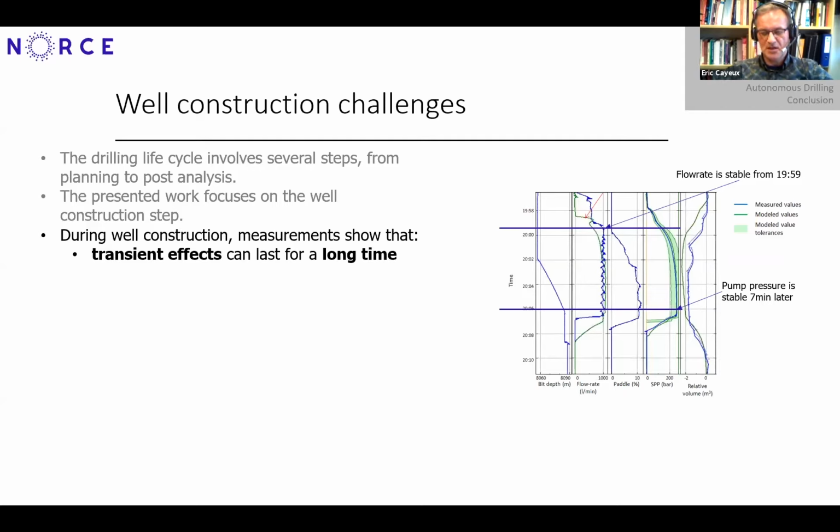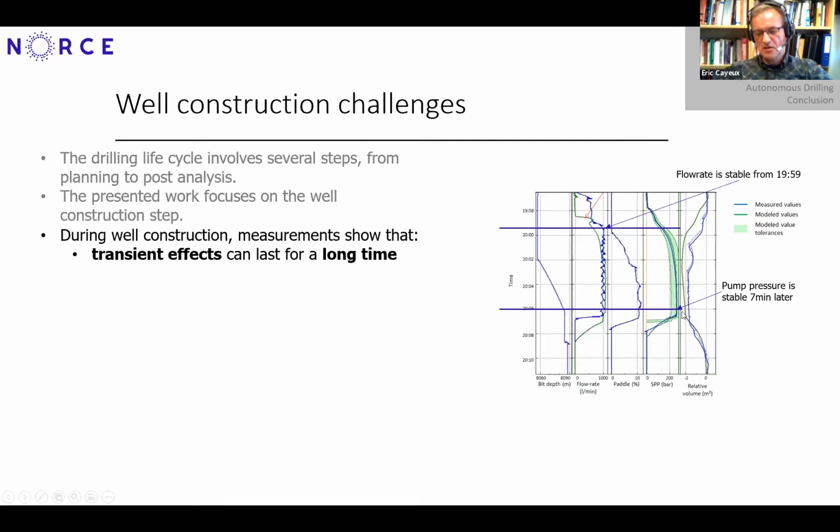Here to illustrate this, we have a picture of the actual drilling operation of an extended reach drilling well in the North Sea, where we are reaming down to get to the section TD, or to the start of the 6.5 section, drilling section. And we can see that when we are reaming down, the pump pressure does not stabilize before 7 minutes after the mud pumps have been started.